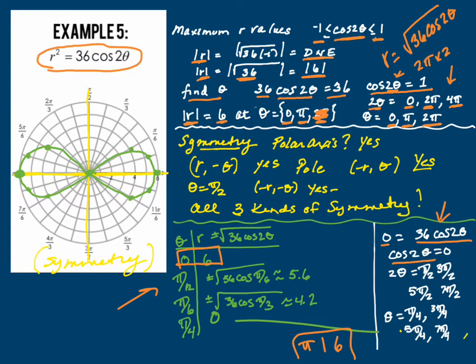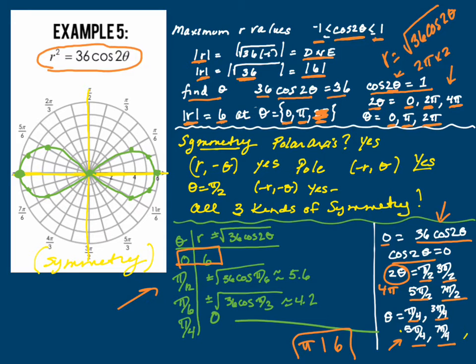It's equal to 0 at pi over 2 and 3 pi over 2, but we have to keep going because it's 2 theta, so I have to go all the way up to 4 pi. So that'd be 5 pi over 2 and 7 pi over 2. Then I have to divide each of those by 2, so I get pi over 4, 3 pi over 4, 5 pi over 4, and 7 pi over 4. So I have 4 zeros, and I don't know if I'll need them all, but that's what I know I'm going to have if I went all the way around the unit circle.